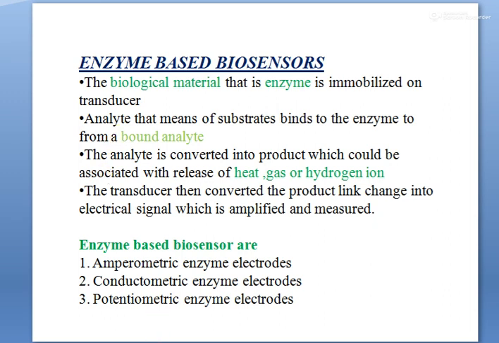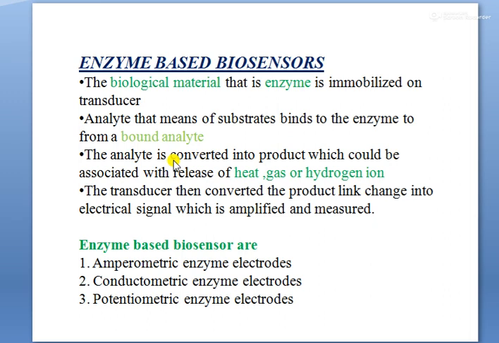That means enzymes are used as the biological material in the biosensor. Analytes are used as substrates. Those analytes, that means the substrates, bind with the enzymes to form bound analytes. That means when analytes bind with the enzymes, it's called bound analytes.